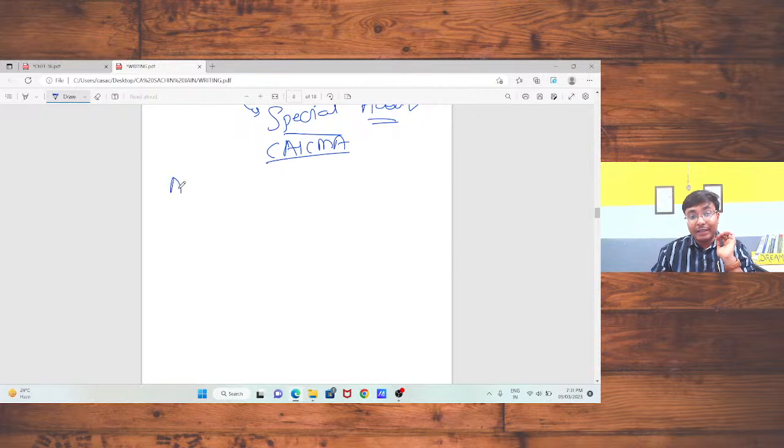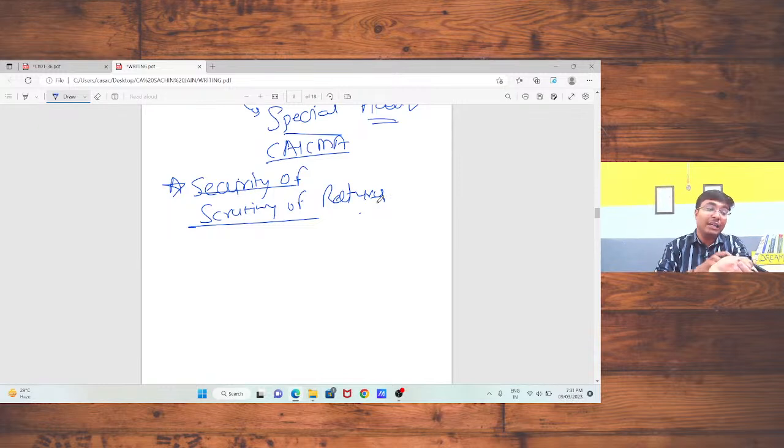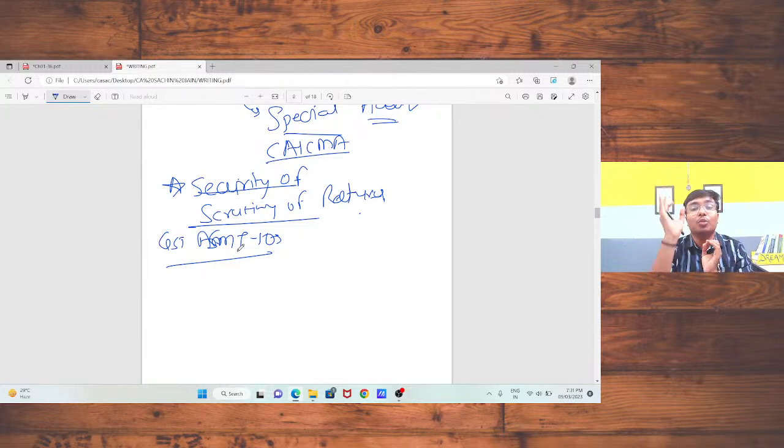Now, one very practical issue I am going to take is scrutiny of return. Sir, what do you mean by scrutiny of return? If you are in practice, or a business owner, or doing a job in any service industry, you need to be very careful about this. In the current situation, departmental authorities are issuing certain notices in form GST ASMT 10, which is related to scrutiny of return.